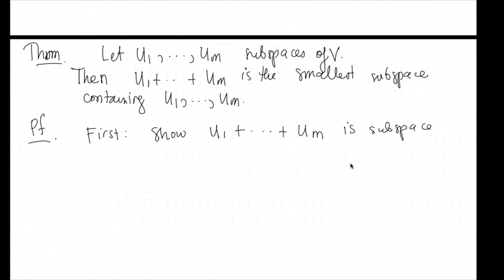So we will show closure under vector addition, scalar multiplication, and the existence of the zero element. So it's a subspace of V. That is easy. And then the second part is to show that this is the smallest subspace of V containing U1 to Um.